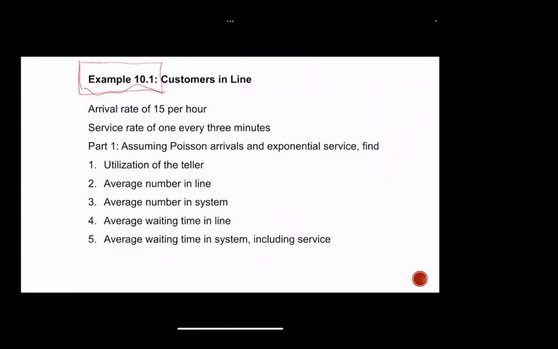Example 10.1. We know that the arrival rate is 15 per hour, which is our lambda. And we know the service rate is 1 every 3 minutes, which is our mu. The first question asks you to calculate the utilization of the trainer.